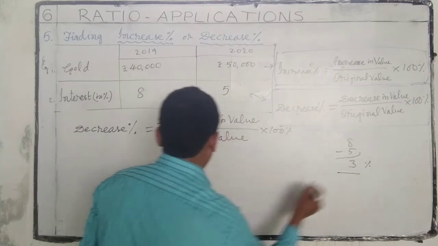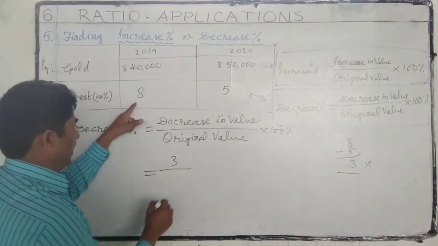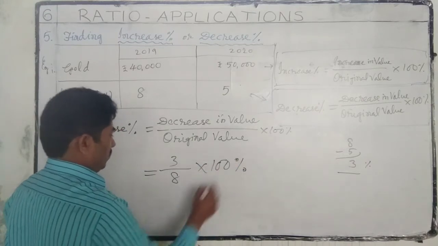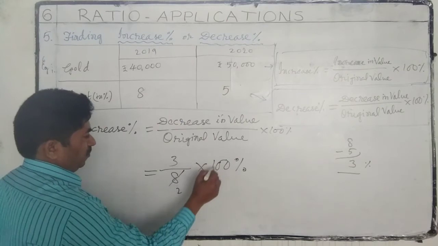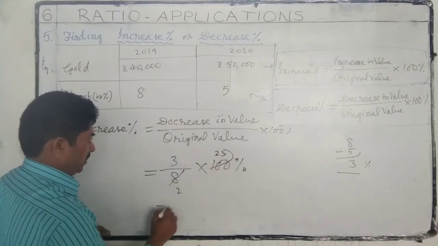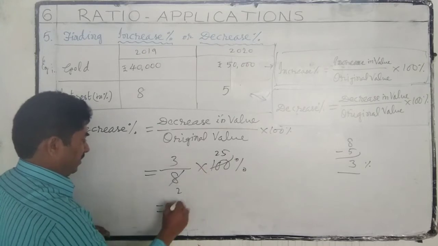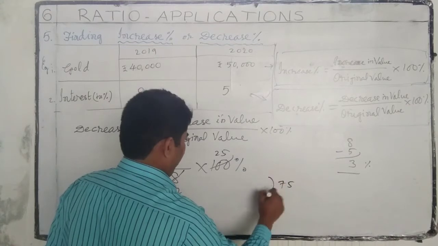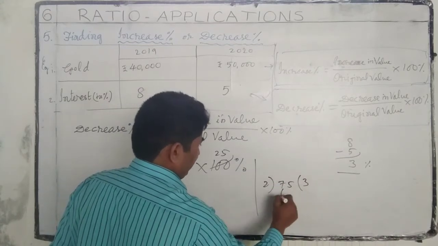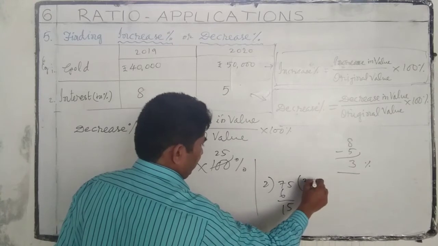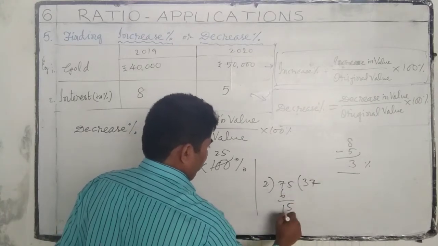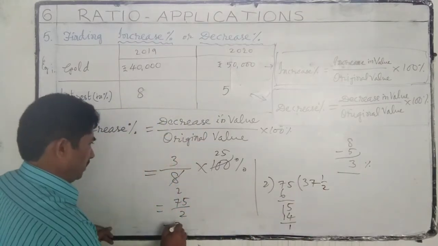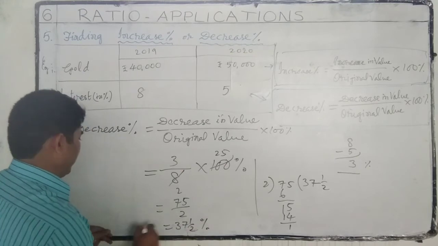So 3% decreased. 3 by 8, original value 8 only, into 100 percentage. 4 twos, 4 25s, 3 25s are 75 by 2. 75 by 2. 2 3s are 6, 1, 2 7, 2 7s are 14, 1. 37.5 percentage. 37.5 percentage decreased.